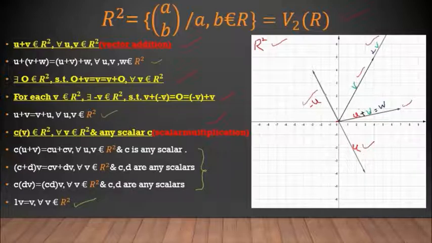So these ones which are ticked with green here, 1, 2 and these three, 2 plus 5, and the last one 6, these 6 we don't need to prove separately. They are always true in almost all sets. So the four important ones I explained here, and you are observing them in this R2, which is a two-dimensional plane. This R2 is now represented by V2 over R, which is a vector space.